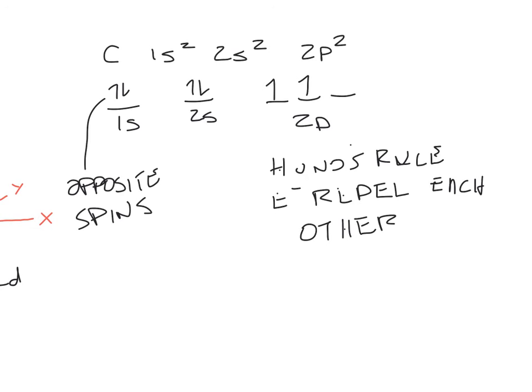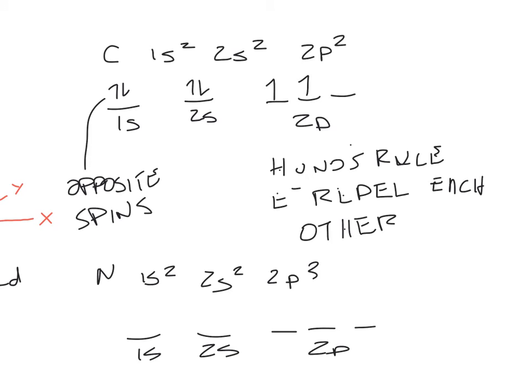So that means if I extended this to nitrogen, 1s2, 2s2, 2p3, spin up, spin down, spin up, spin down, and I get to this orbital, spin up, spin up, spin up.